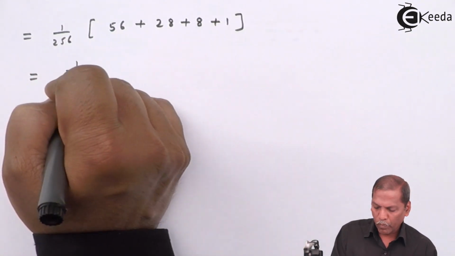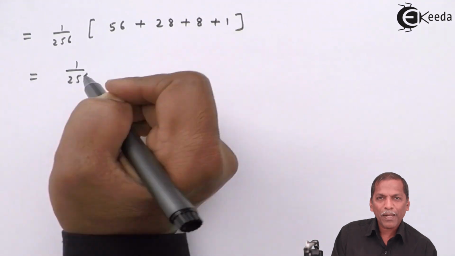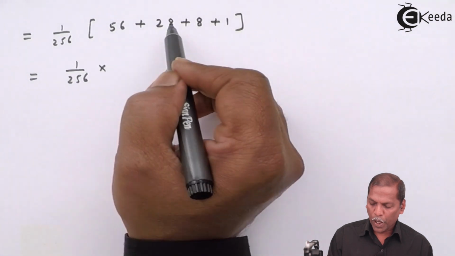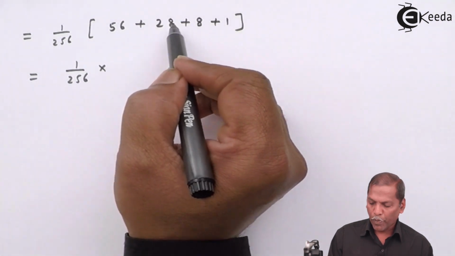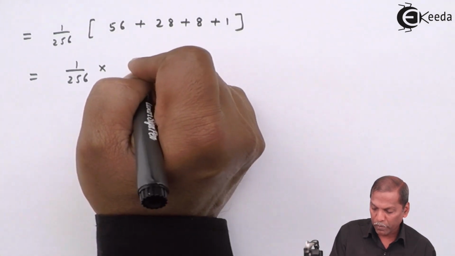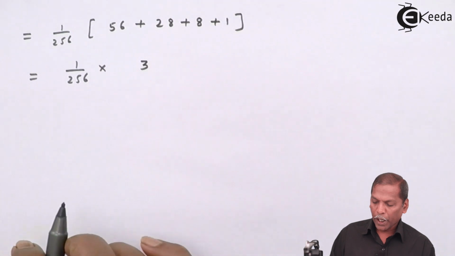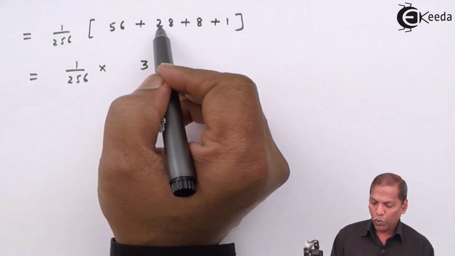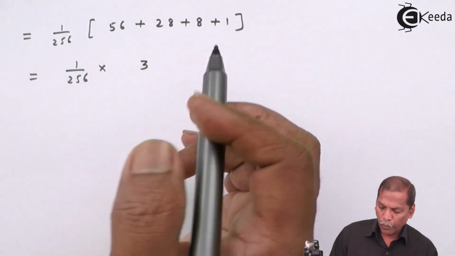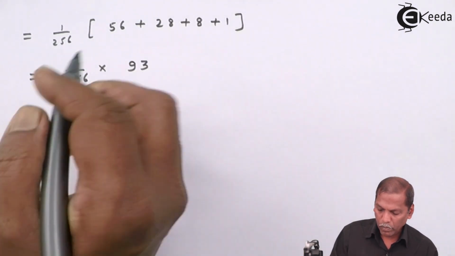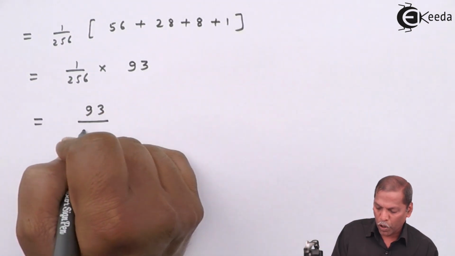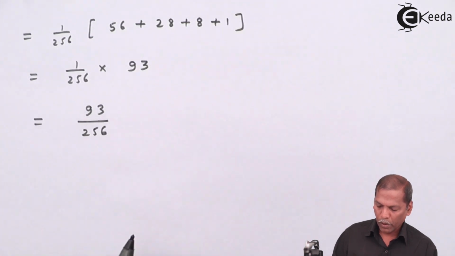So that equals 1/256 into, now here we add that 6 plus 8, 14, 14 plus 8, 22 plus 1, so we get 23, carry 2, and then 5 plus 2, 7, and 7 plus 2, we get 9. So that equals 93/256.